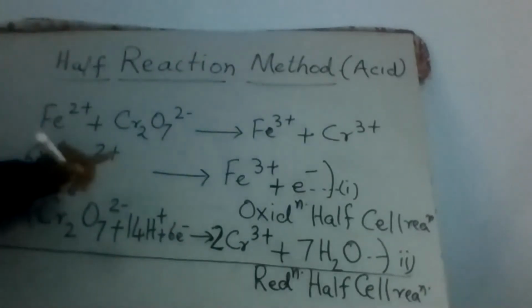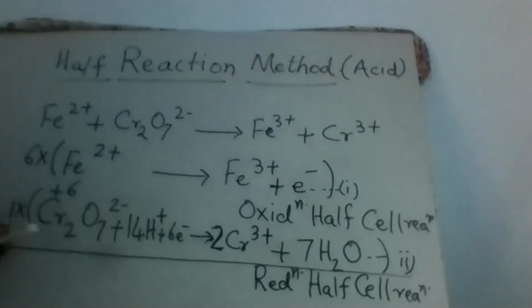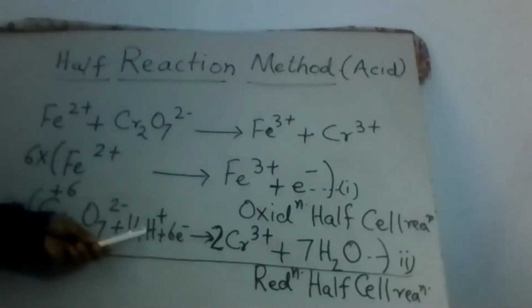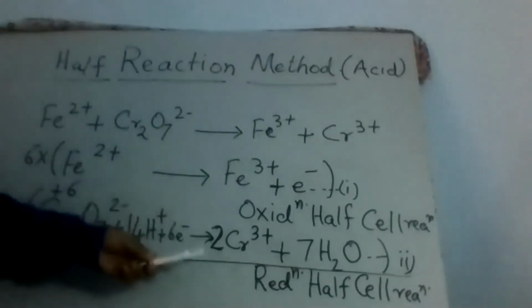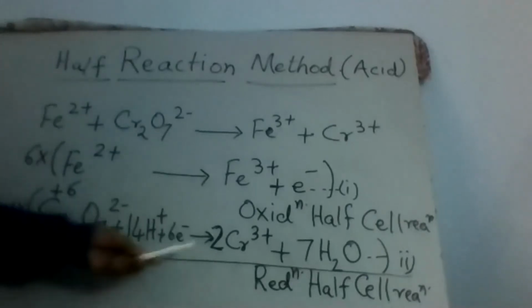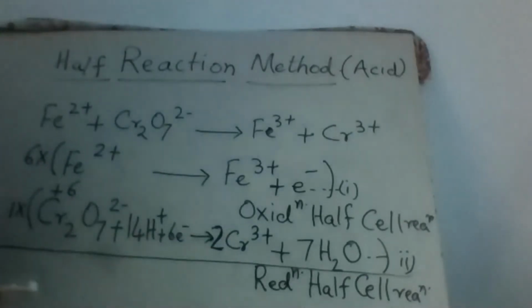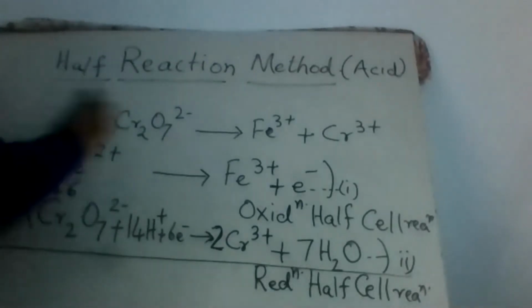6Fe2+ plus Cr2O7 2 minus plus 14H plus gives 6Fe3+ plus 2Cr3+ plus 7H2O. Now see, I'm writing this equation here on the top.